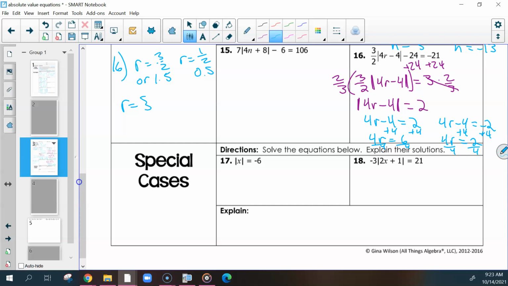If you need to know which one is the lowest, if it's a nice fraction, put it in decimal form and see which one is lower of the two, 1/2 or 3/2. Good enough.